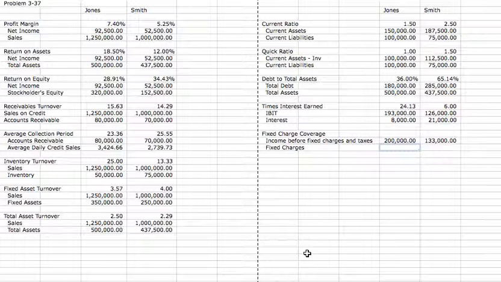So we have for Jones Corporation, $8,000 in interest and a $7,000 lease payment. And for Smith Corporation, we have $21,000 in interest and a $7,000 lease payment expense.